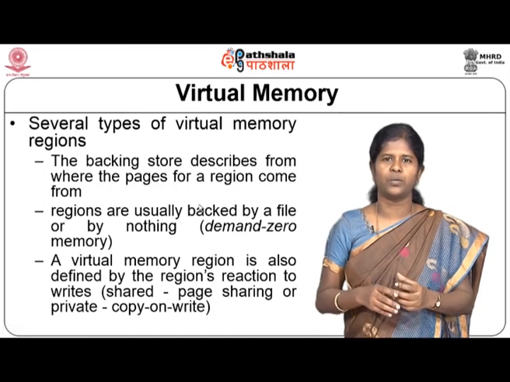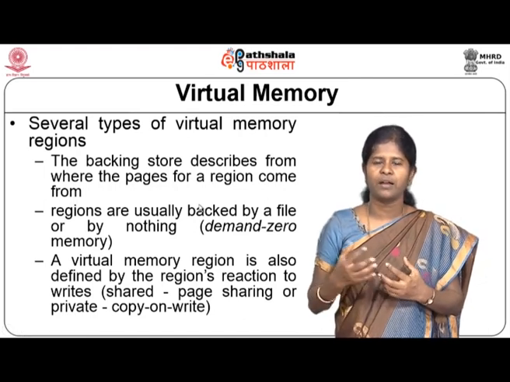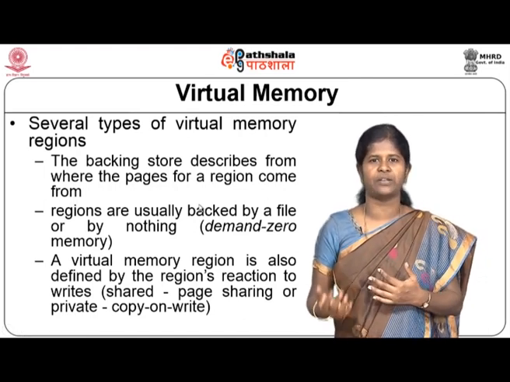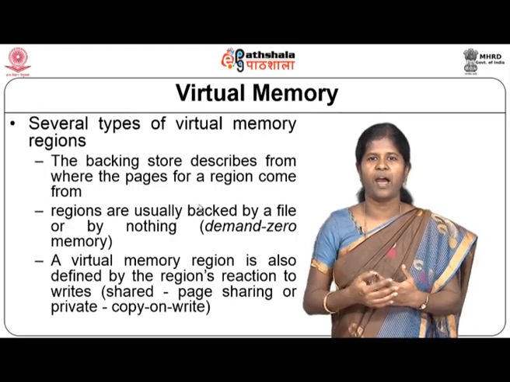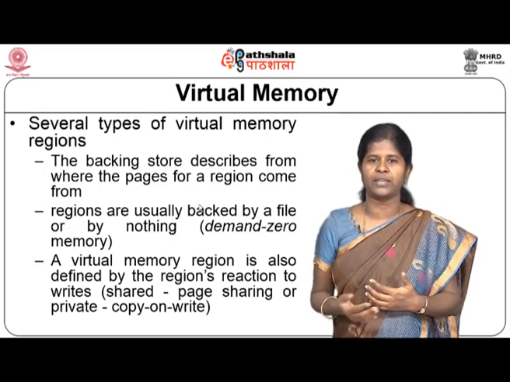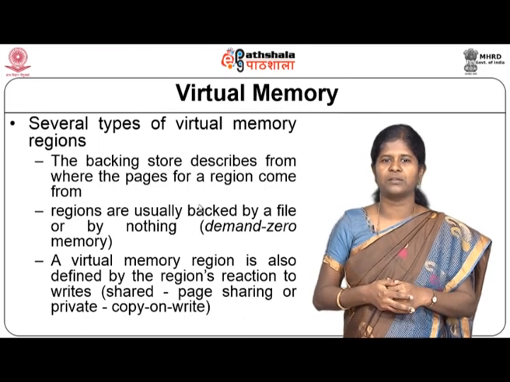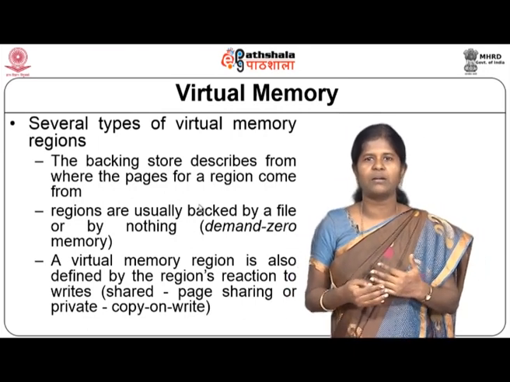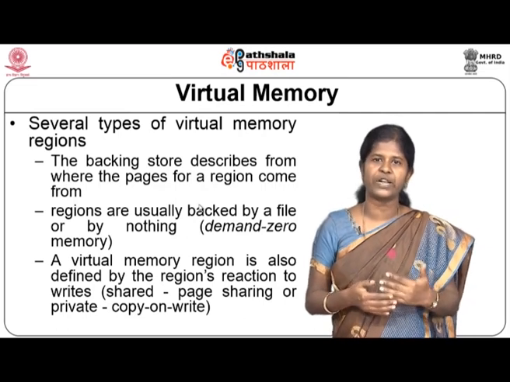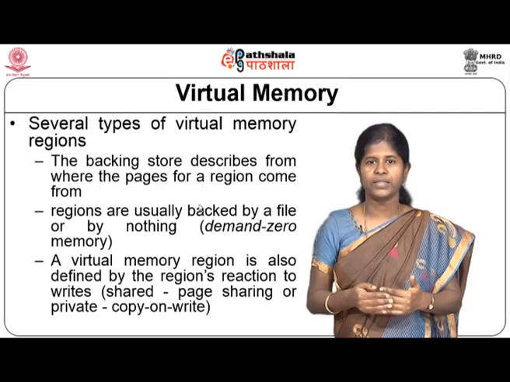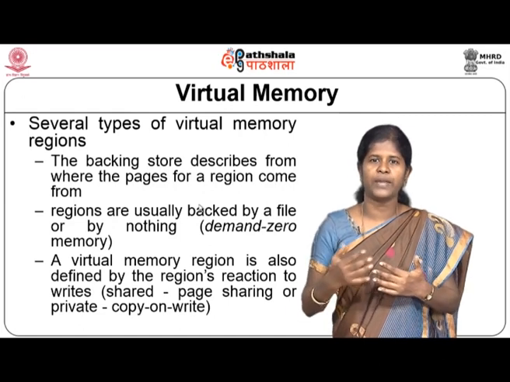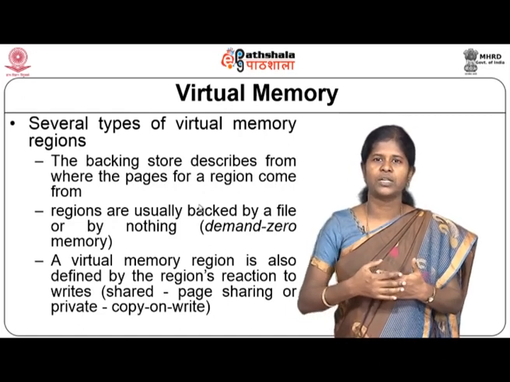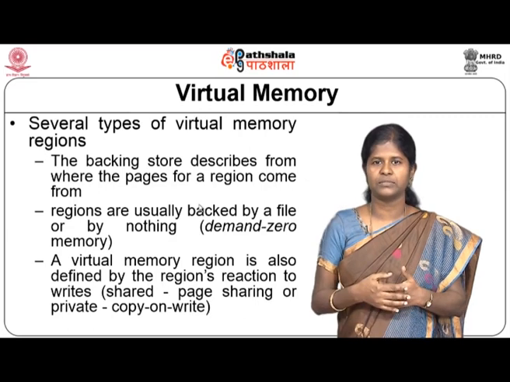A region can have corresponding information kept in a file, or it can be backed by nothing, which is called demand-zero memory. If the region is backed by nothing, whenever there is a reference to that region, a page will be allocated which is filled with zeros.